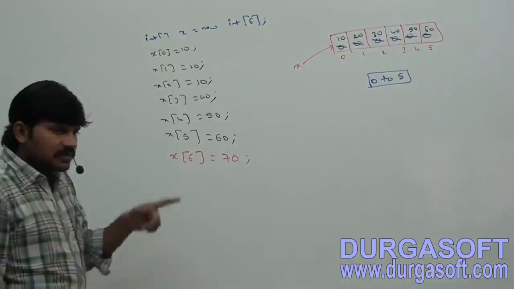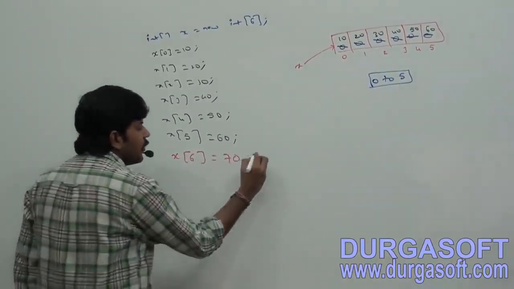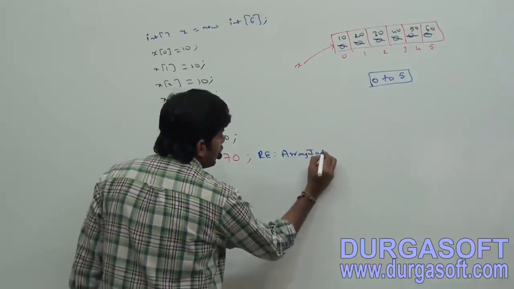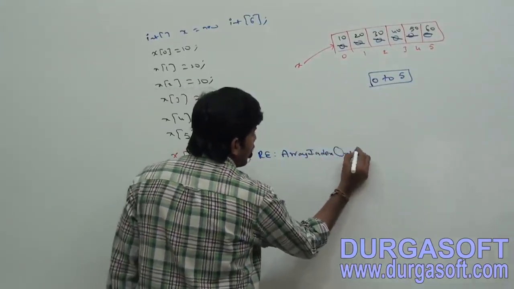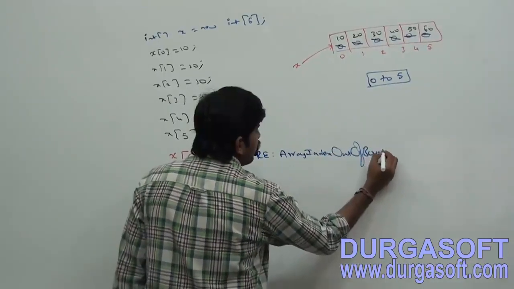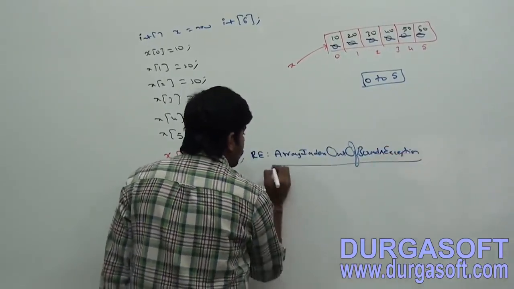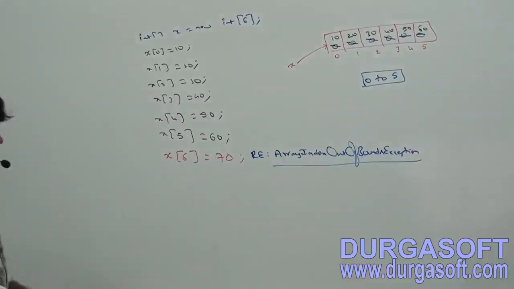But I am taking 6, which is out of range. That's why we immediately get array index out of bounds exception.